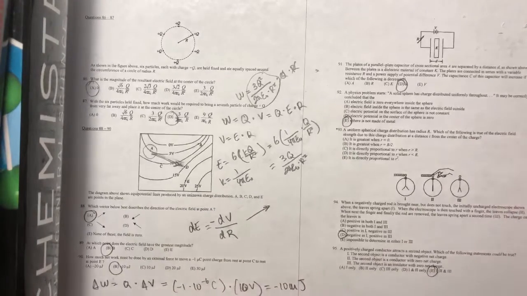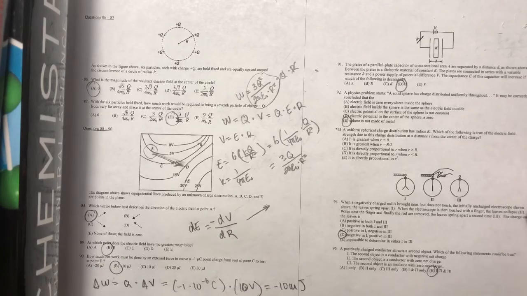Question number 91 asks which variable, when decreased, would increase the capacitance of this capacitor.